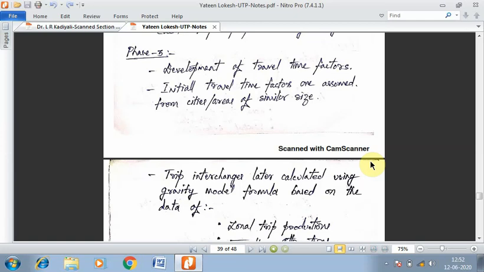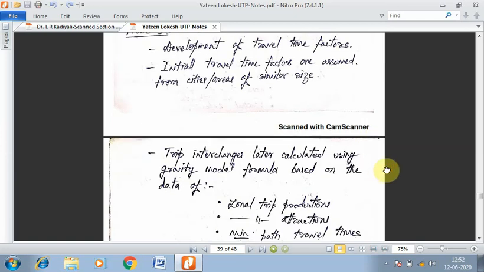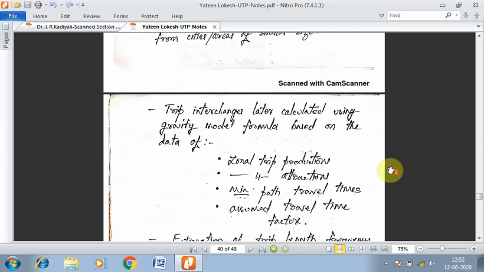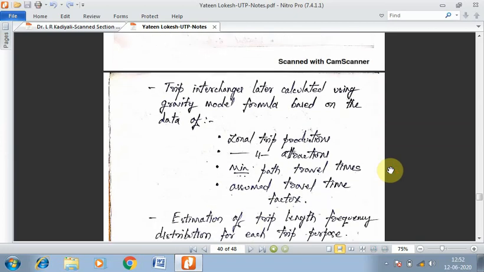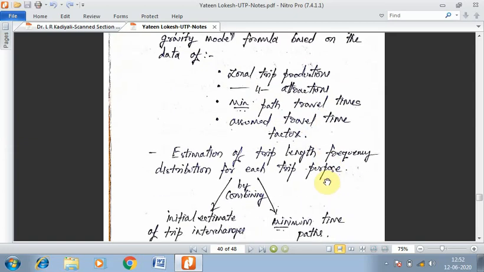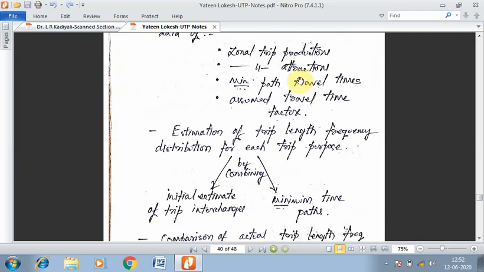Then the trip interchange would be later calculated using the gravity model formula or the gravity model equations based on the data of whatever you have collected. It might be zonal trip production or zonal trip attraction, minimum path travel time, or the assumed travel time factors. Then, once you have done this, the estimation of trip length frequency distribution for each trip purpose would be carried out.